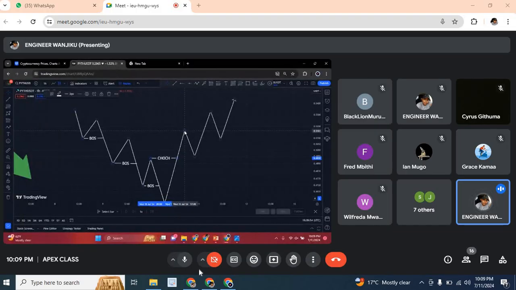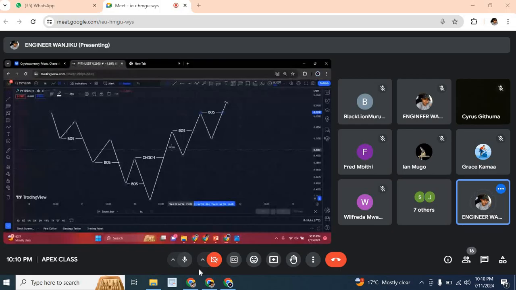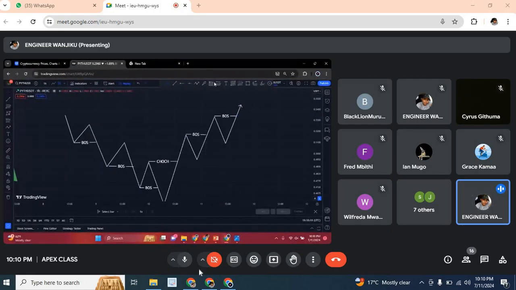Then break of structure in the uptrend. And lastly, our last break of structure from this zone right there, like that.